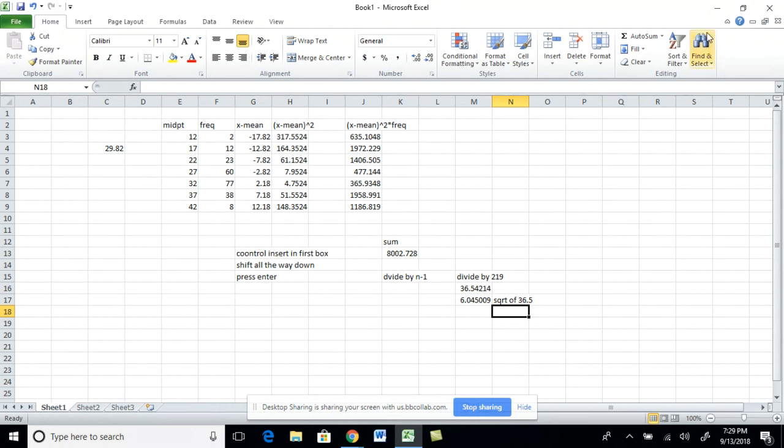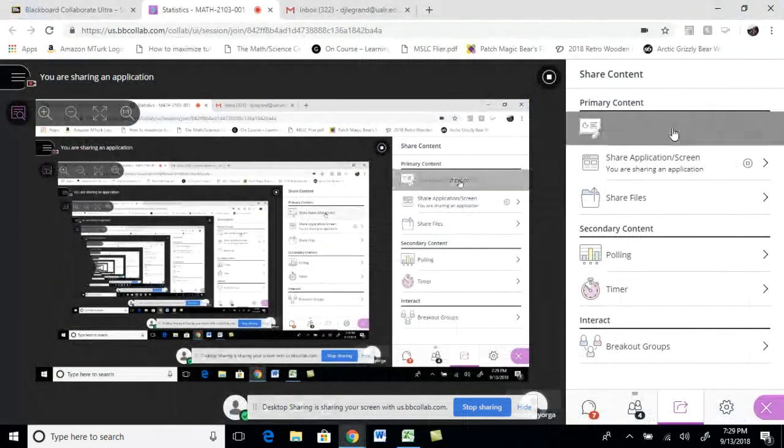So what I'm going to do right now is go back to the whiteboard. Let's see. There's a lot of chat questions. I can't see the chat when I'm on Excel, so give me a minute. We're working on the standard deviation of group frequency. Can everybody hear me? Okay.